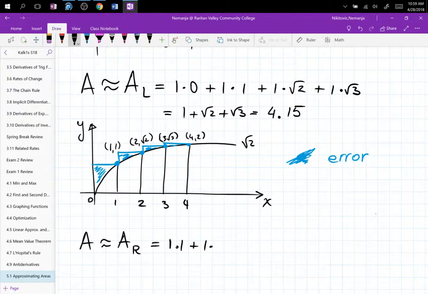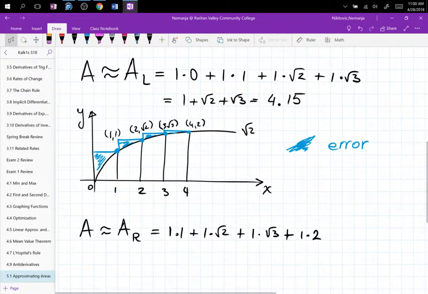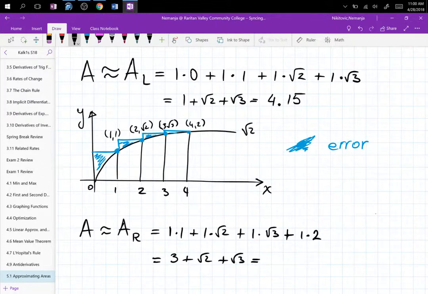Plus second width is 1, and the height is root 2, plus 1 times root 3, plus 1 times 2 as the y value. 1, 2, 3, 4 calculations for rectangles. Good. So now we have 1 times 1 is 1, and then 1 times 2 is 2, so that's 3 plus root 2 plus root 3. And I have 6.15 on this one.